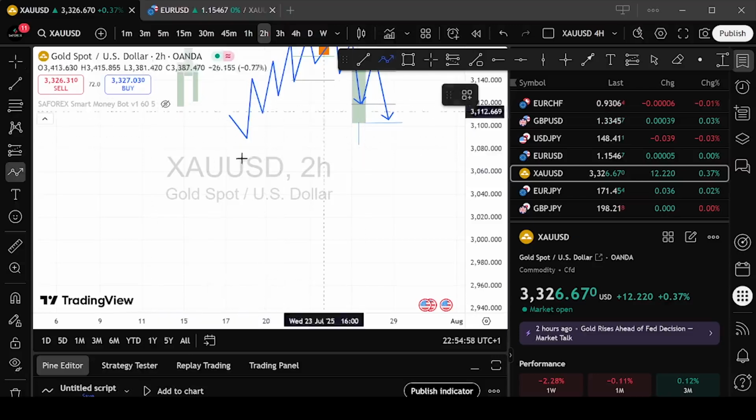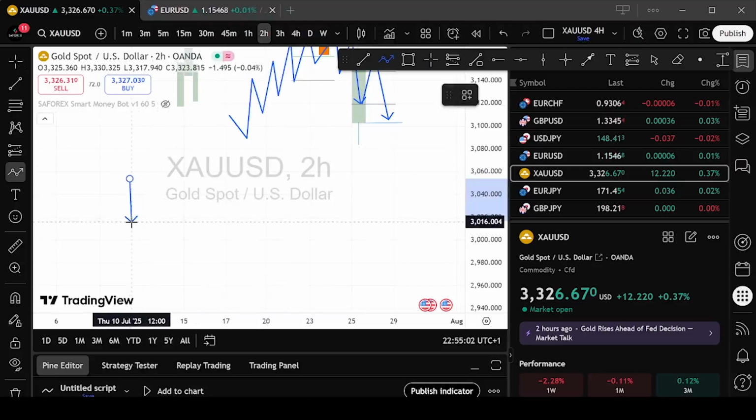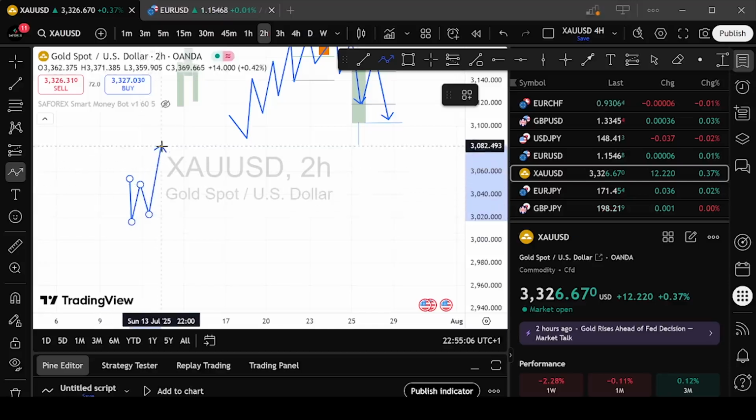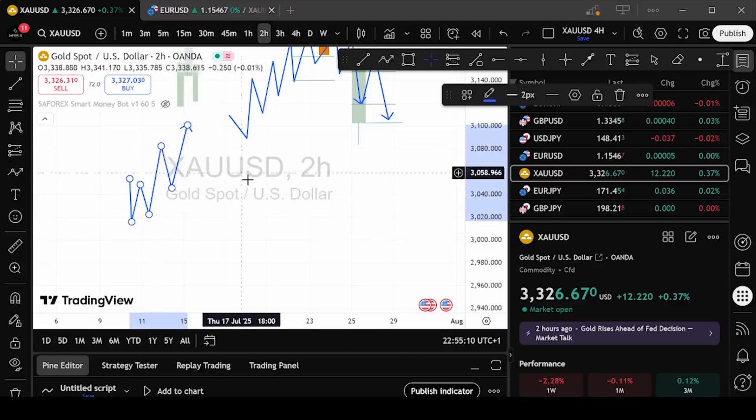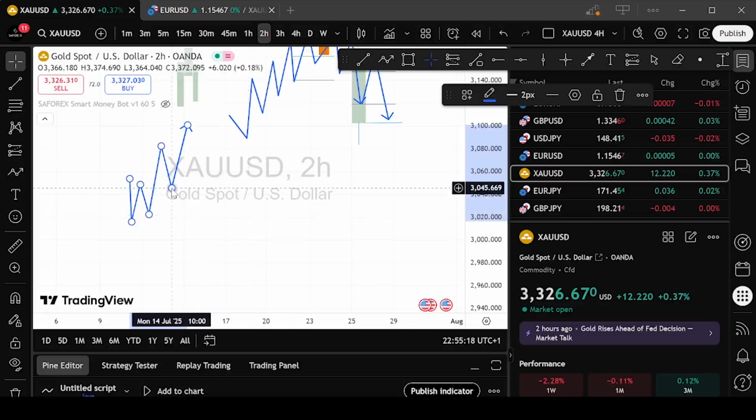Let me assume I have price doing this, so price has created this movement for me. This is a swing low, and this is a swing high.